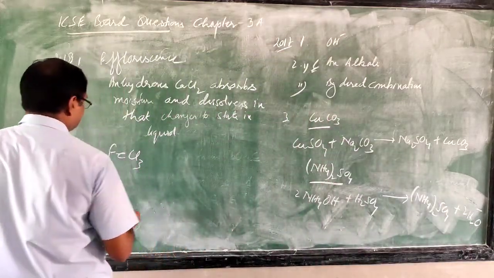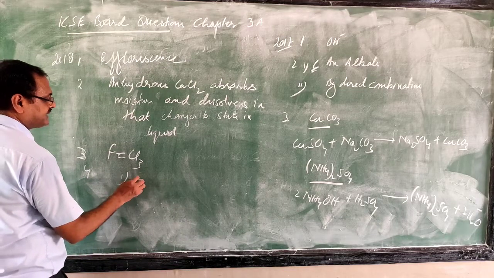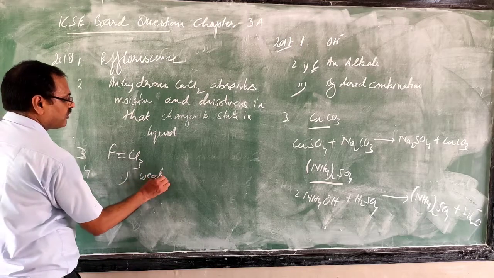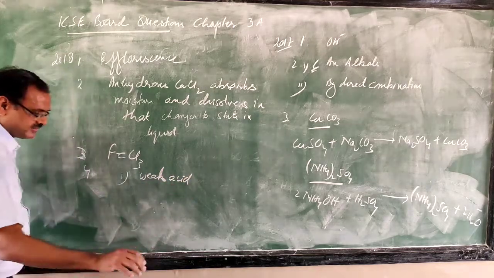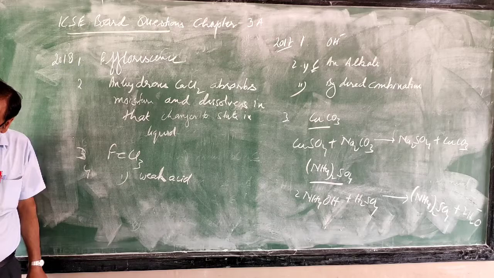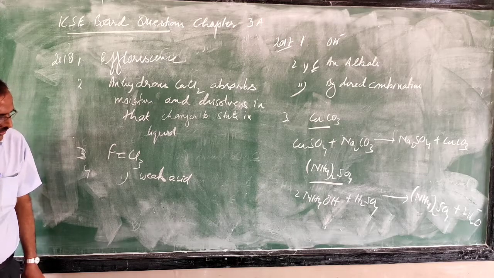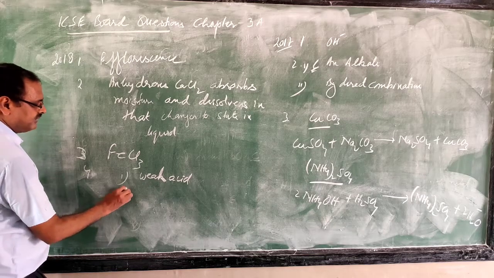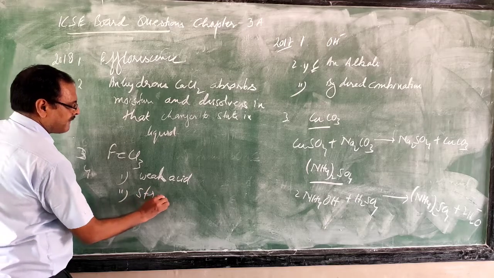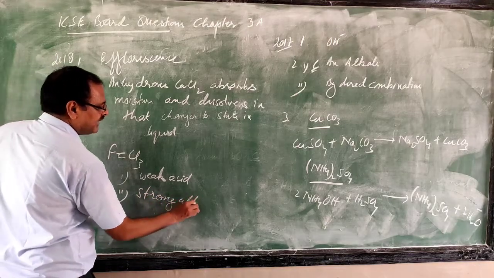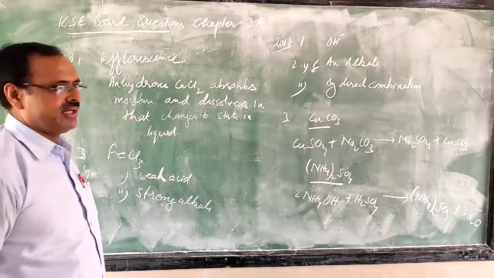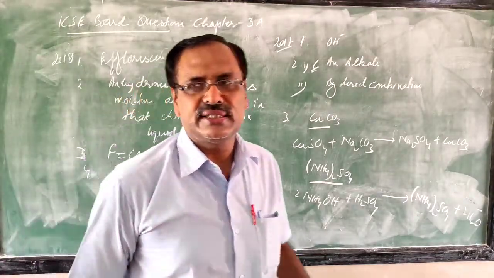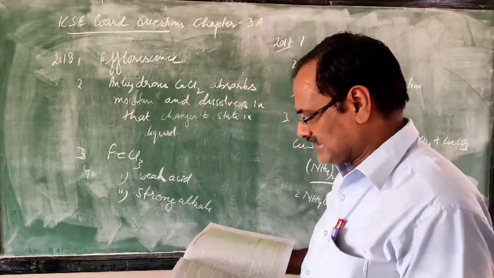So first one is weak acid, and strong alkali. I have given you that when the pH is 0 to 2, a strong acid is there, and after that a weak acid is there.